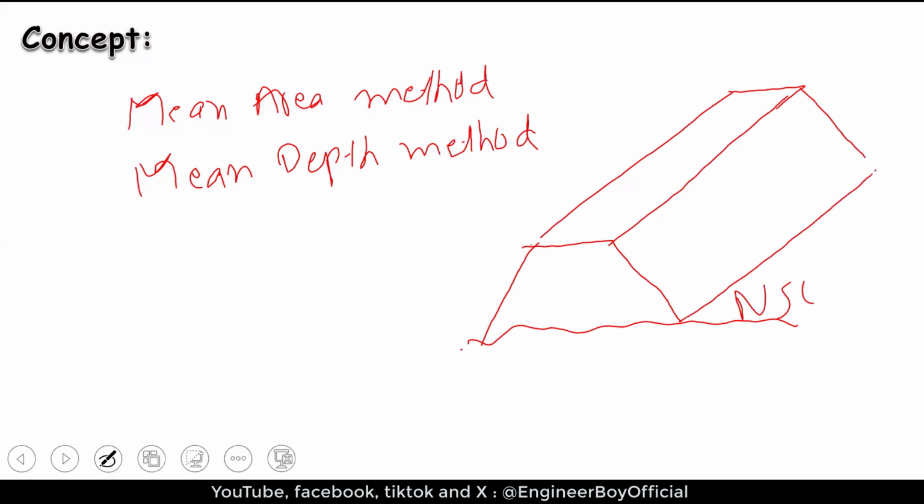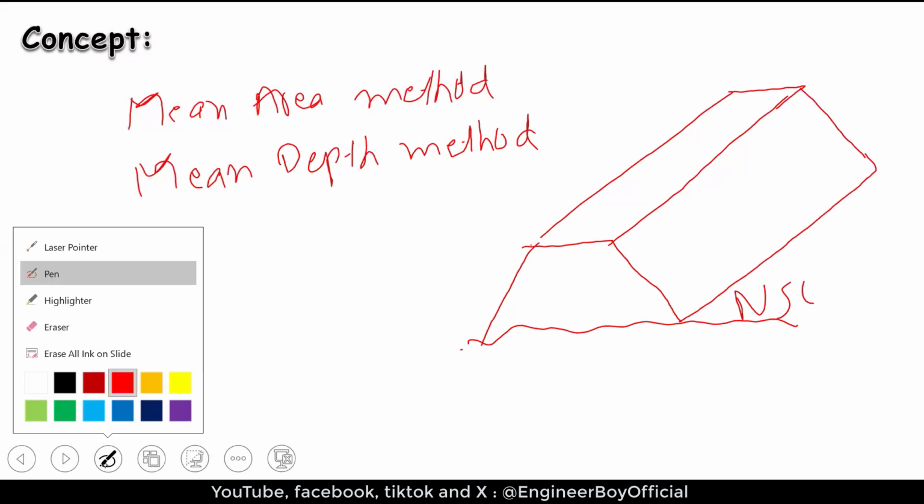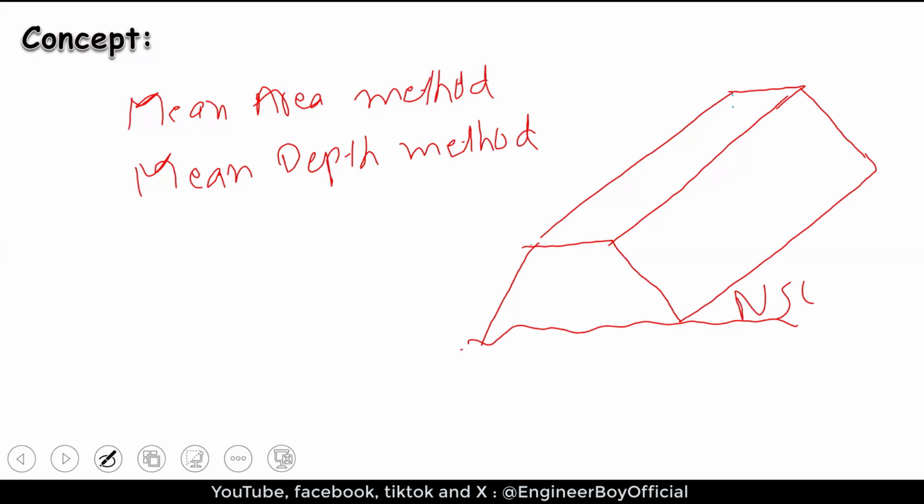The section can be the same to that side as well, such as this one.